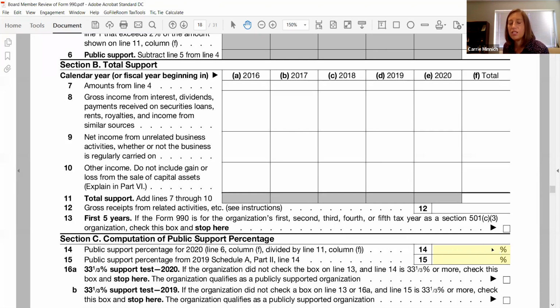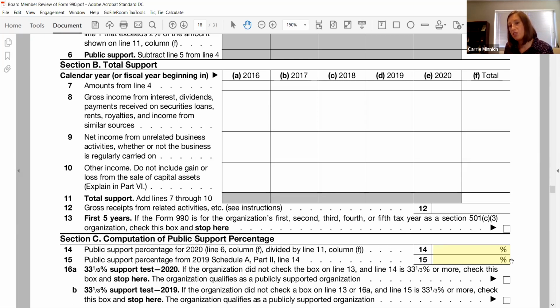This amount here needs to be 33 1/3% or more. So it is very important when you review your 990 that you look at these numbers to see if these percentages are above 33 1/3%. If the organization percentage is 33 1/3% or more, it's deemed publicly supported for the current year and the immediately following tax year.